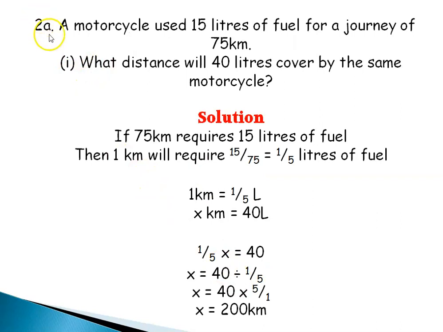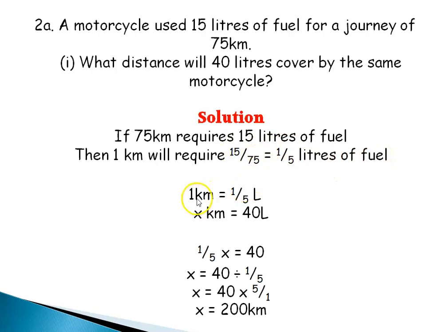Alright, question 2a says a motorcycle used 15 liters of fuel for a journey of 75 kilometers. Roman figure 1. Now, what distance will 40 liters cover by the same motorcycle? So, if 75 kilometers requires 15 liters of fuel, then 1 kilometer will require 15 divided by 75, which is the same thing as saying 1 over 5 liters of fuel.